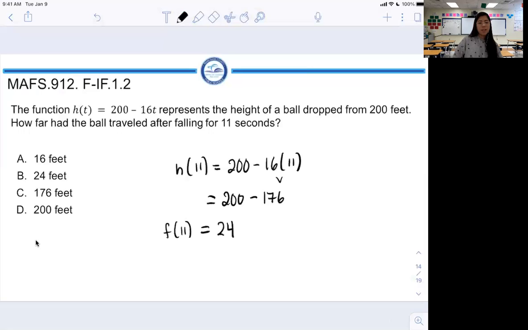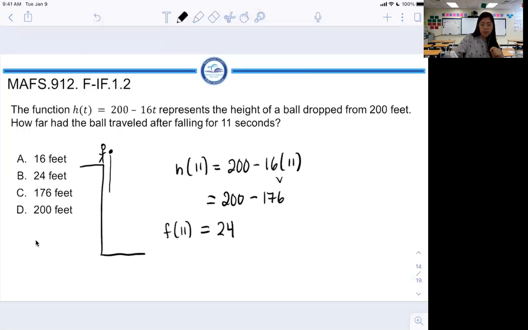Okay, but y'all are wrong. Read the question again. Be very careful. What is the question asking for? Is it asking for where the ball is, or is it asking how far has the ball gone? How far? So picture it. This is a ball being dropped from 200 feet, right? So picture somebody on a cliff, 200 feet in the air.